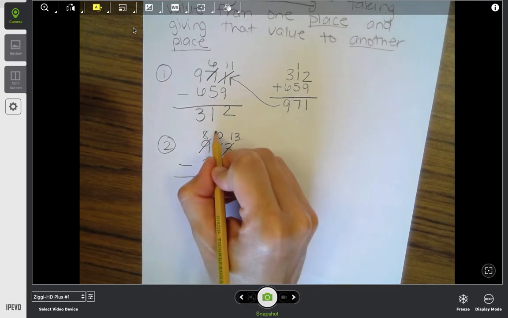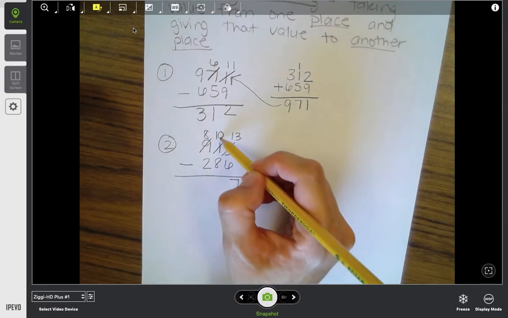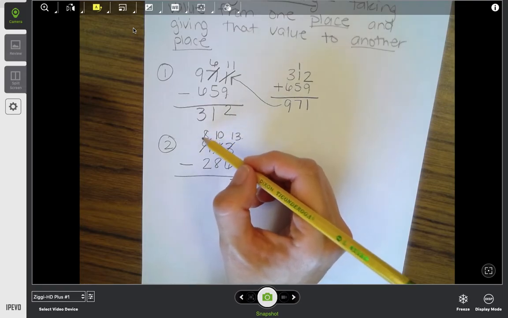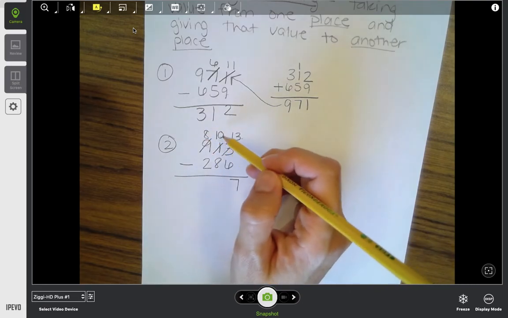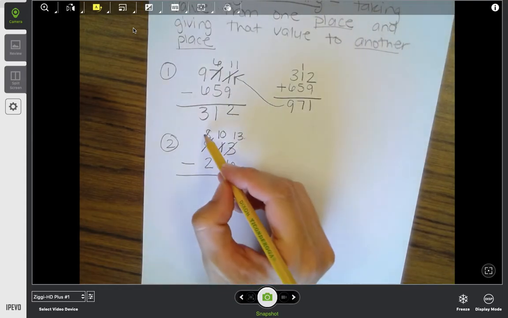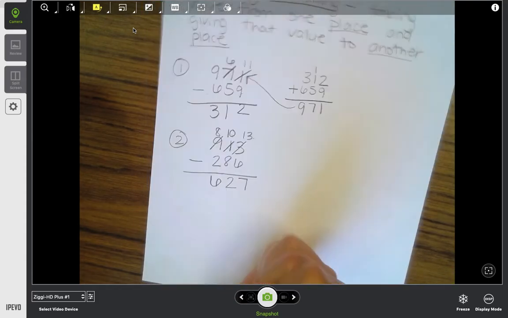So I'm going to add a 1 here. And notice 10 tens, because that's the place that we're in, 10 tens equals the 100 that we borrowed over here from my 9, okay? So now I can subtract. 10 minus 8 is 2, and 8 minus 2 is 6.